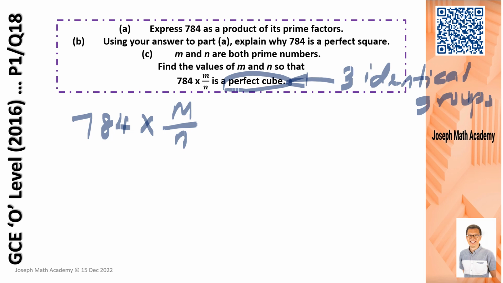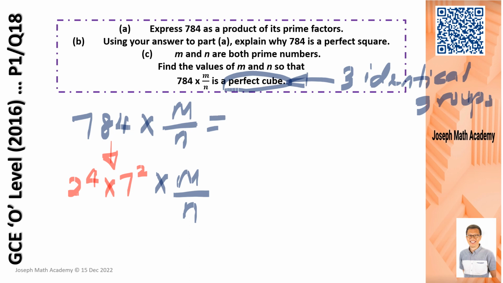Now to do this, we need to use the index notation of 784. 784 is written this way: 2 to the power of 4 times 7 to the power of 2, and then we want to multiply it by m over n, and it has to be a perfect cube. So what does it mean?